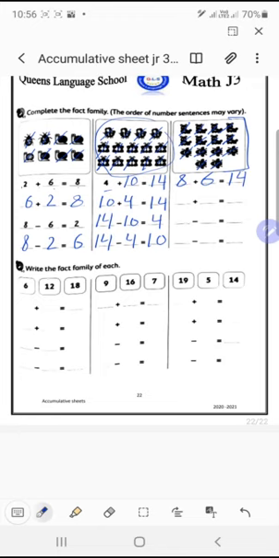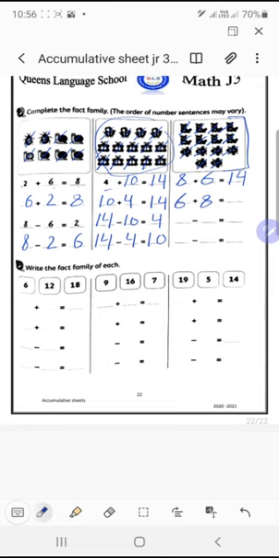It's plus, so now we have three numbers, 8, 6, and 14, and we have a relation between them: if we add 8 to 6, we get 14. So we will change the places of 8 and 6. We will put 6 at the first, plus 8, and we will put the 14, which is the greatest number, after the equal sign.